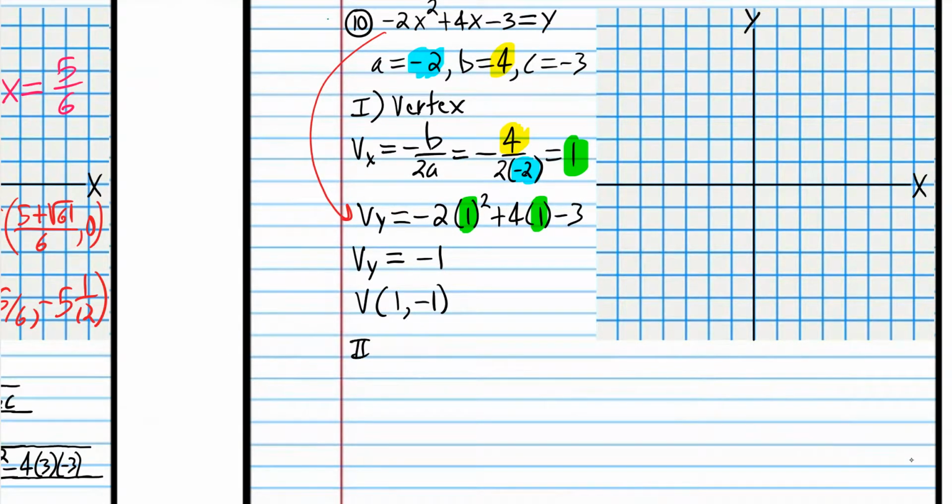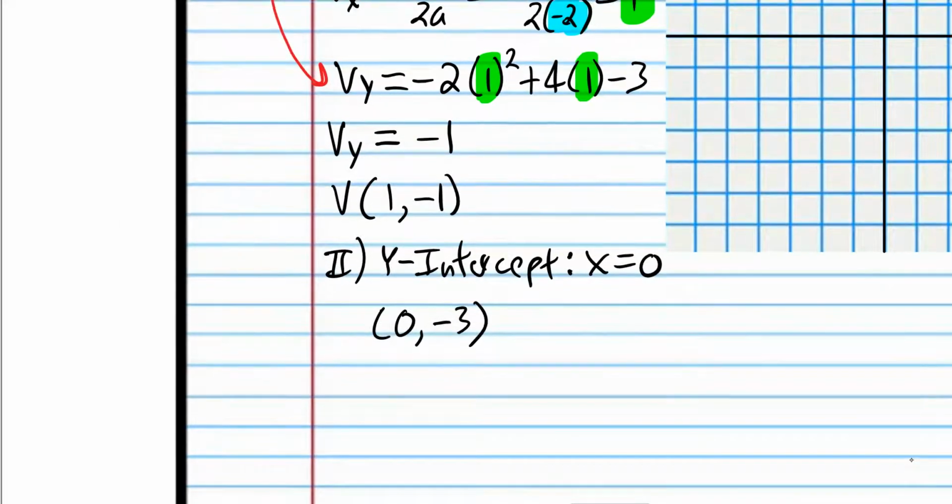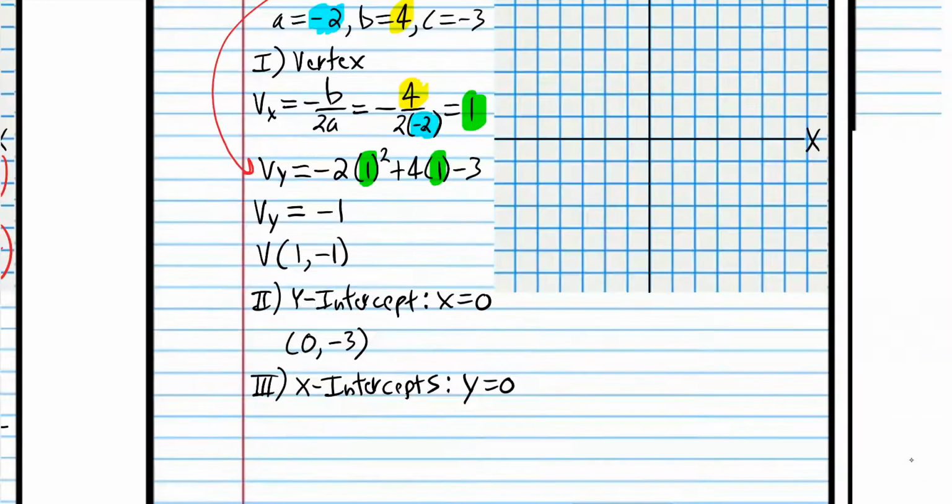Step 2, we're going to find the y-intercept. And of course, we let x equal 0. And we see the y-intercept has to be 0, negative 3, because negative 3 is up here, you see. And for the x-intercepts, we're going to let y equal 0.